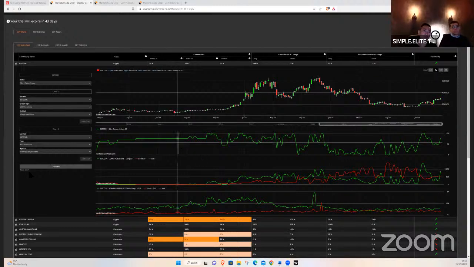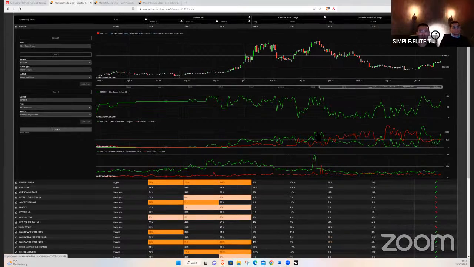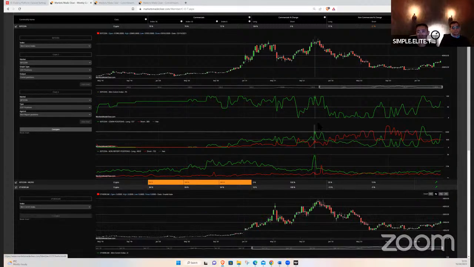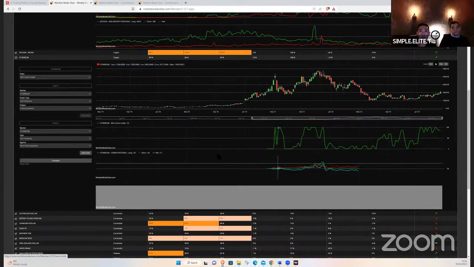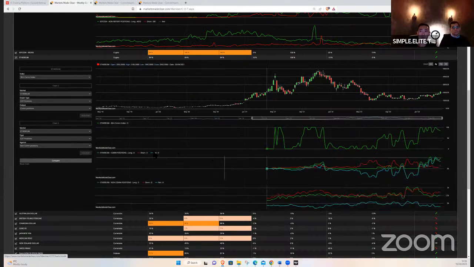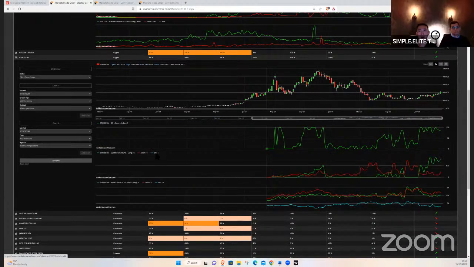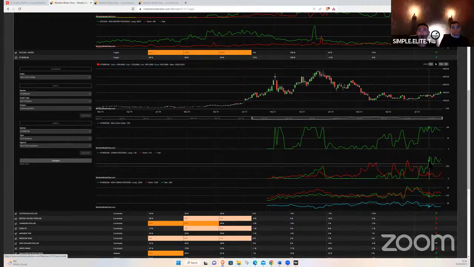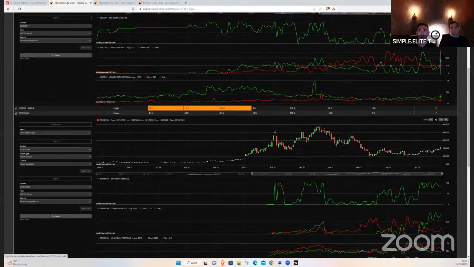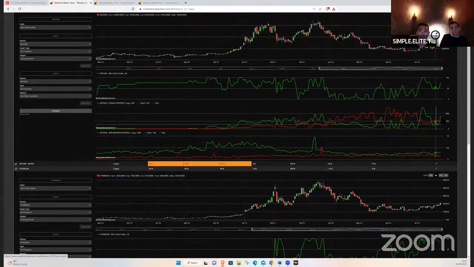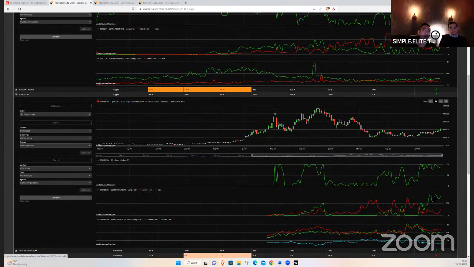Let's have a look at Ethereum. I said I think Ethereum has potential to outperform because the commercial long contracts are at a significant high level. They have not dropped. Bitcoin dropped a little bit first and then picked up, which is healthy. But Ethereum has maintained the long contracts at a high level.